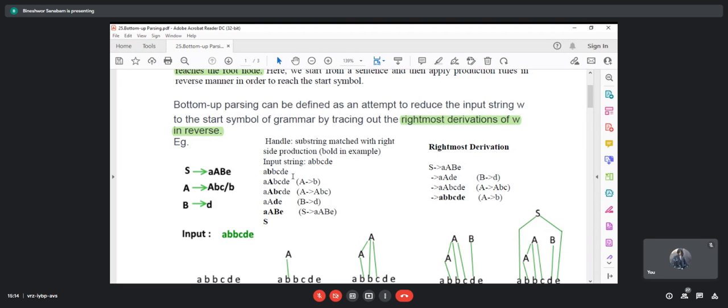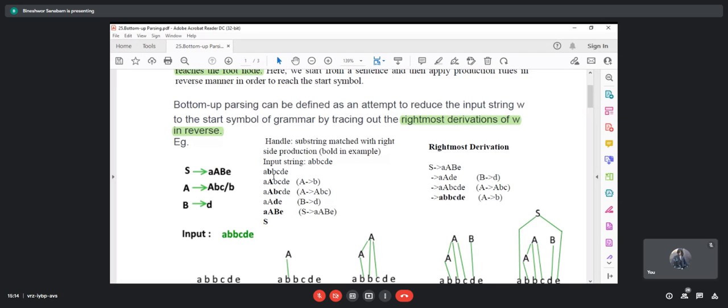So in this manner, we work out bottom up parsing, where we use the input string and derive to the start symbol S. At every step we replace some symbol using a production. Whatever is being bold here, that is being changed or reduced, is what we call a handle.